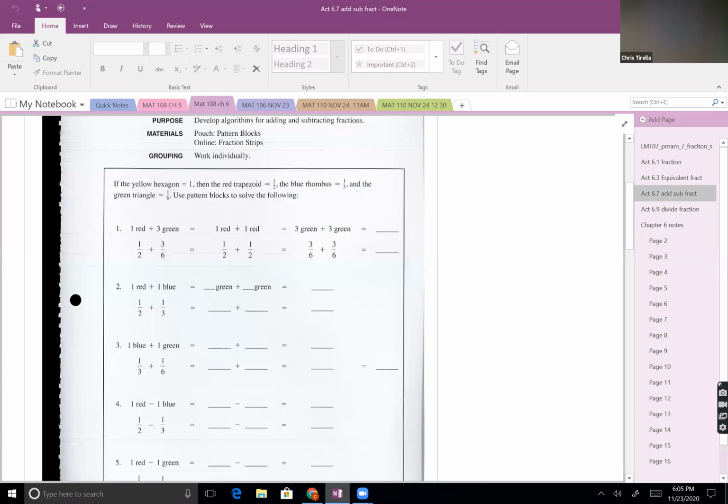And so they're saying, well, if I add 1 red plus 3 green, 1 red would be a half.